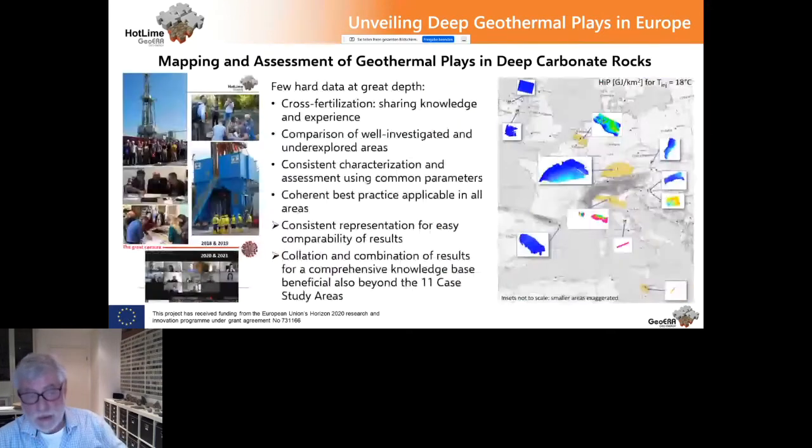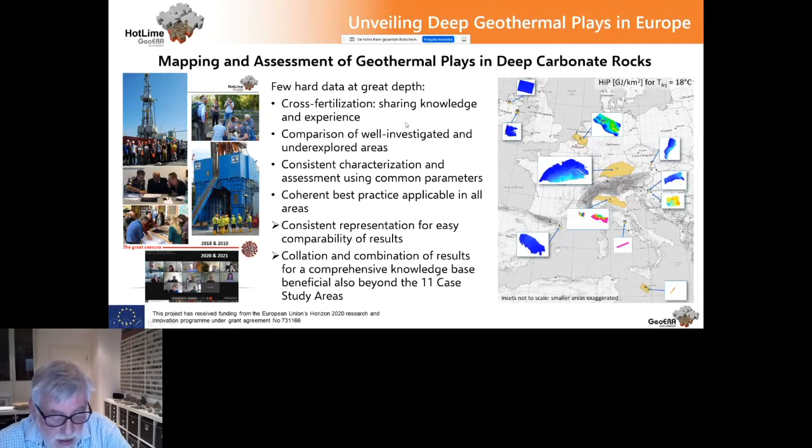As I said before, hard data are few, so the basic approach of how to deal with these areas is best pictured with C bullets. It's first of all sharing knowledge and experience of the areas under investigation, comparing the well-investigated and unexplored areas.